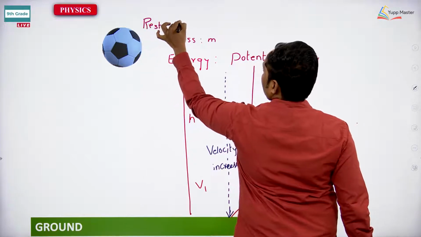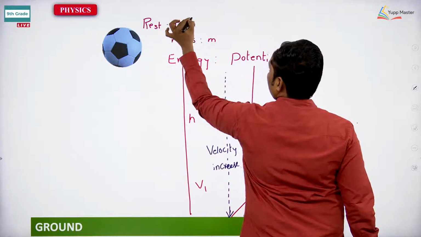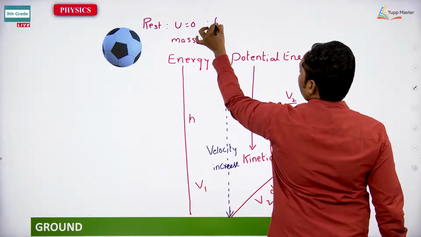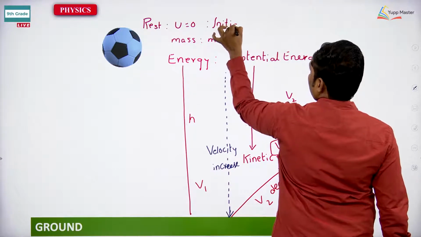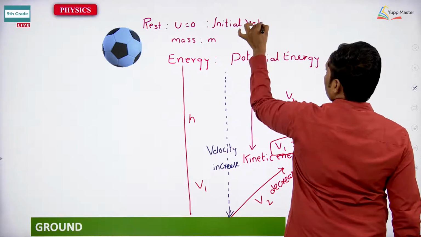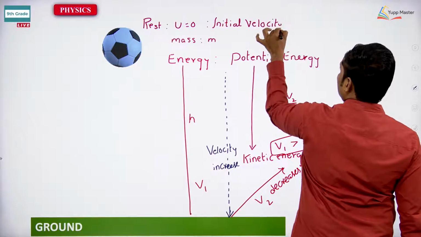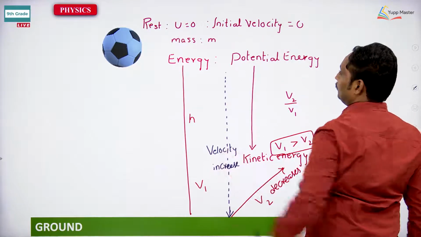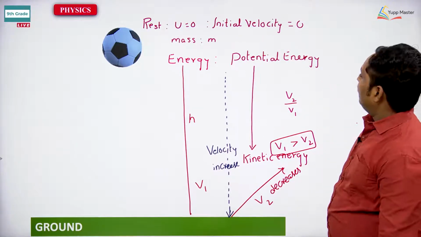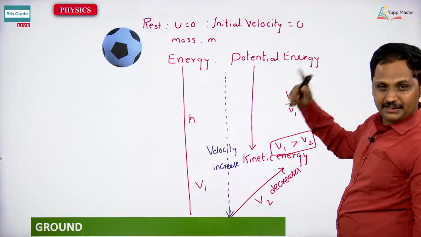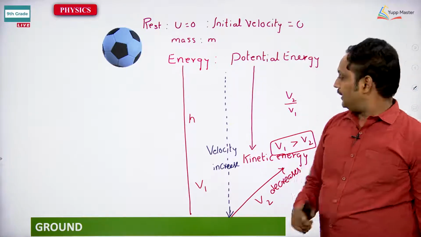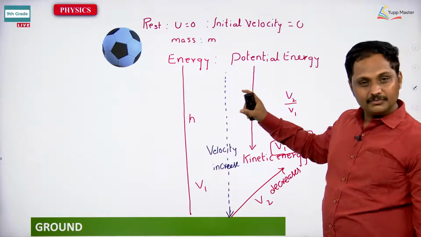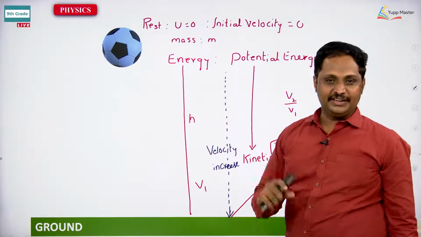You should remember that u is equal to 0, its initial velocity is 0, no doubt at all. That is very clear. It has covered the distance that would be h, you can take that.